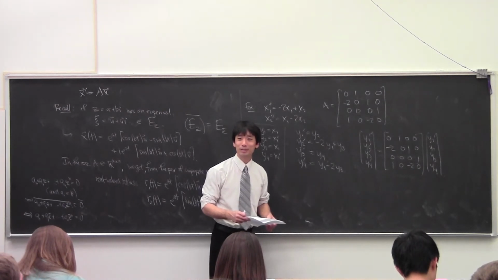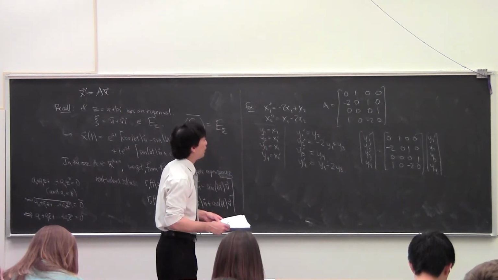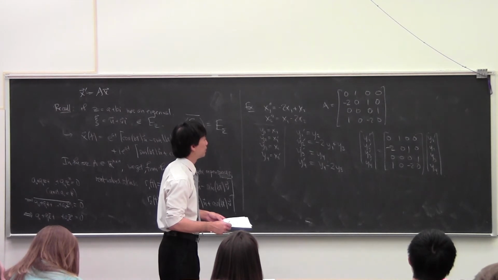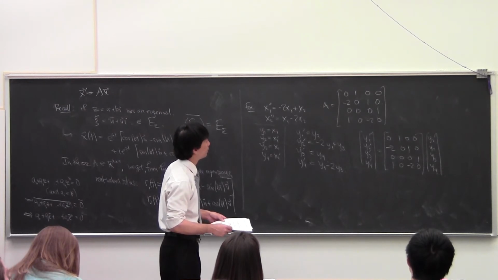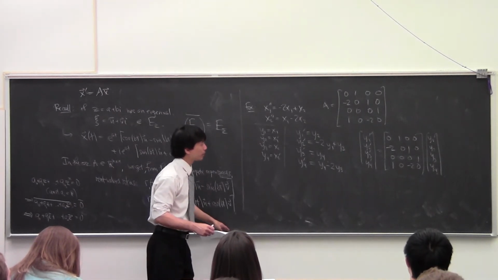Wait, isn't the determinant 0? Does that matter? I don't know, I just saw the diagonals were all 0. Never mind, sorry. The determinant is not 0. It's actually 1. Oh, yes.